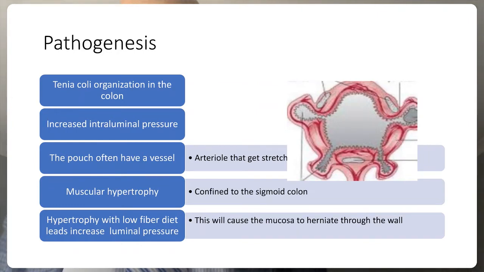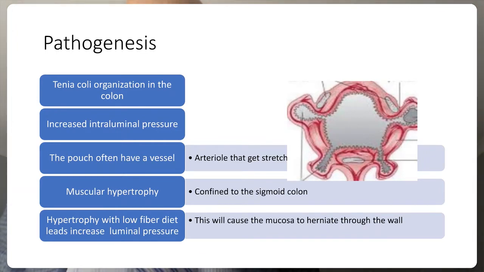As for the reason why and how we get formation of these pouches, it's thought that the reason mainly is poor motility of the colon, or coordination of the motility, that will lead to increased intraluminal pressure.